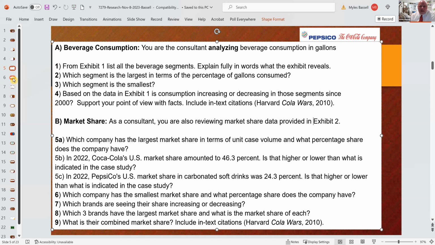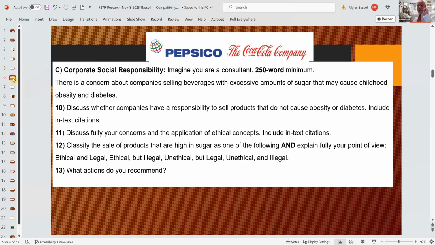Okay. Now, here's this question that is also in your case. That's part of the discussion board. That's a discussion amongst ourselves, and we're all going to share opinions and perspectives about this topic. But then for your report, I want you to give that a little bit more thought, and you can look for some articles that talk about this, and of course, provide in-text citations to flesh this out in more detail.